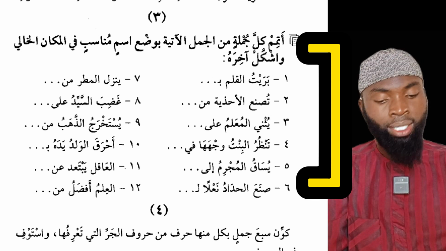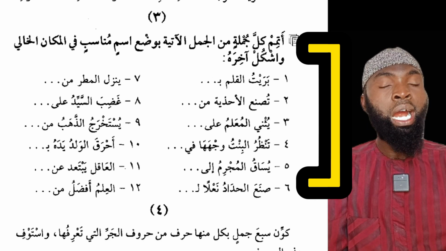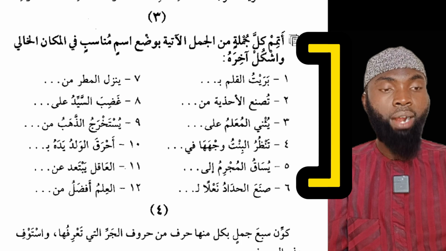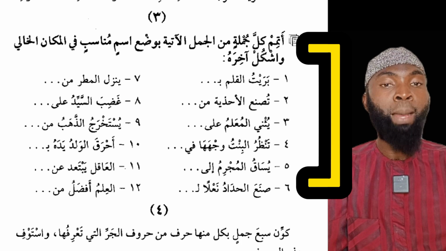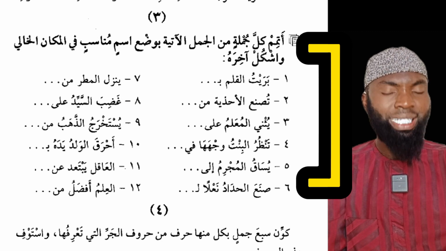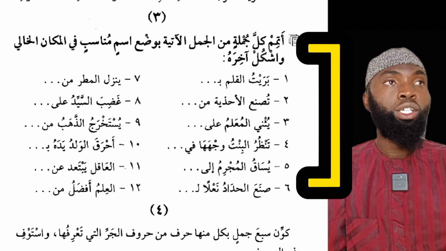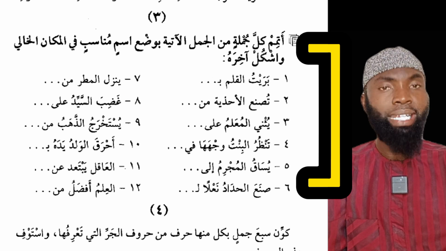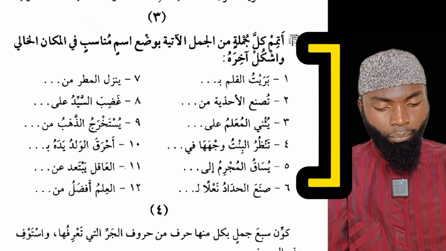Min al ardi. Six, we have al aqilu yabta'idu. The sensible goes far away from dhambi, from the sin. Number seven, we have tusna'ul ahdiyatu min, shoes are made from al jildi, from the skin.